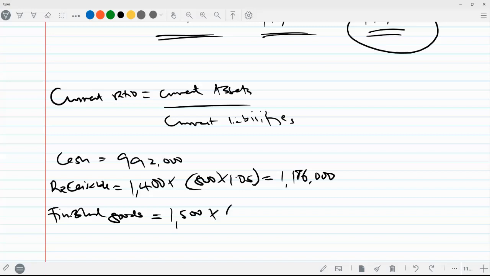What's the value or the cost per item? These are 1500 units. The cost per item: first you have raw material, which is 400. Then we do have wages.